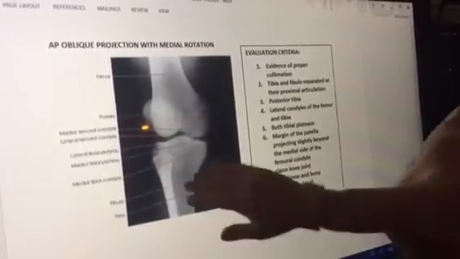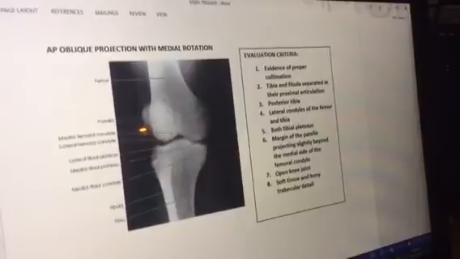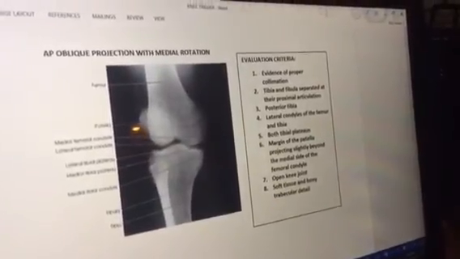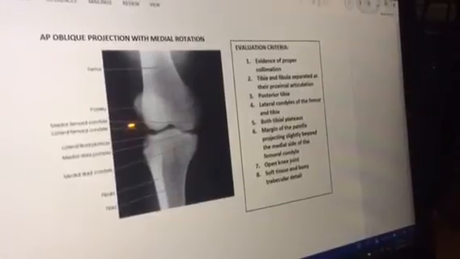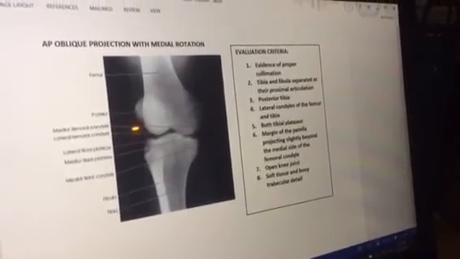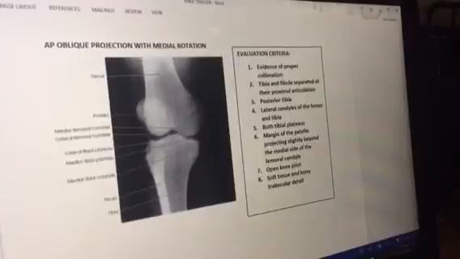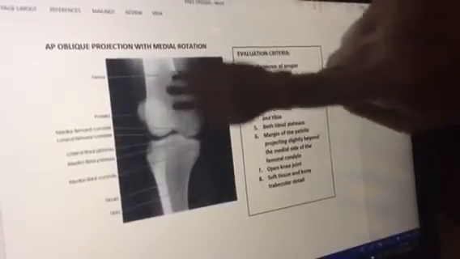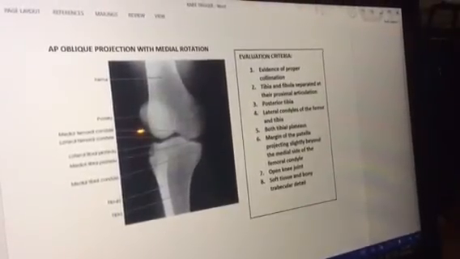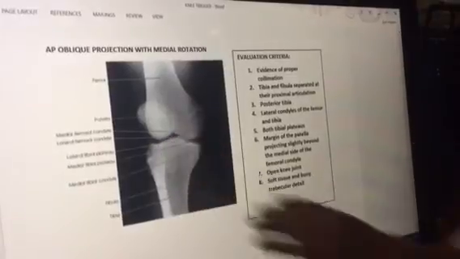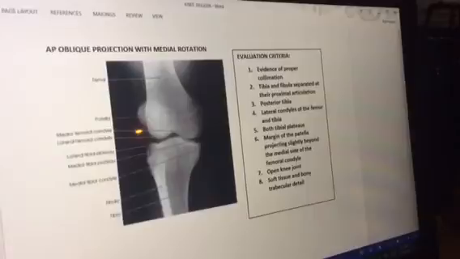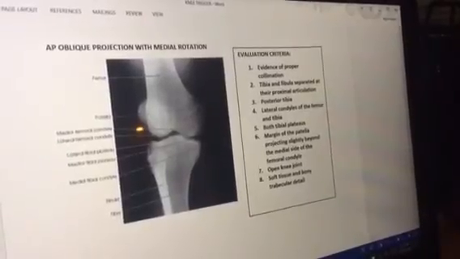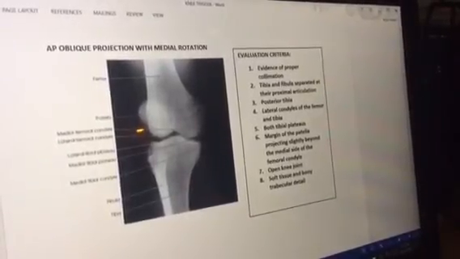You have posterior tibia. The lateral condyles of the femur and tibia are also shown, as well as both tibial plateaus. The margin of the patella is projected slightly beyond the medial side of the femoral condyle. That's what we spoke about a little earlier. The knee joint is open, and there's good soft tissue and bony trabecular detail. So this is a good image of the AP oblique projection with medial rotation.